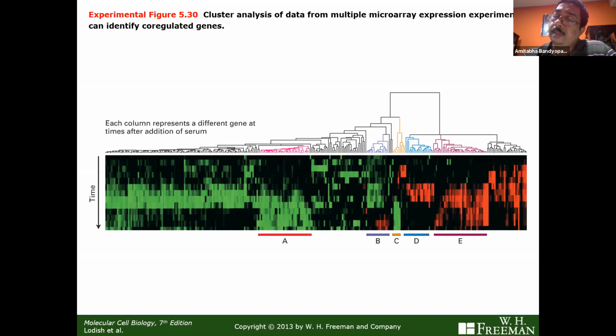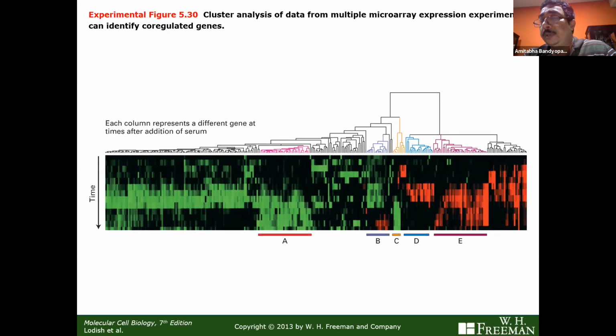RNA-seq is the preferred method by many. It is still a little bit more expensive than microarray, but it is still preferred simply because in microarray, one variability comes from the efficiency of hybridization.